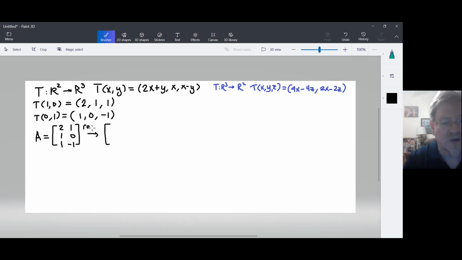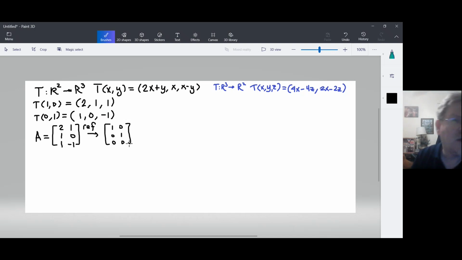I'll let y'all work out how to do that by hand, or you can throw it into the calculator. It works out rather nicely. We get (1, 0), (0, 1), and (0, 0) as the rows.